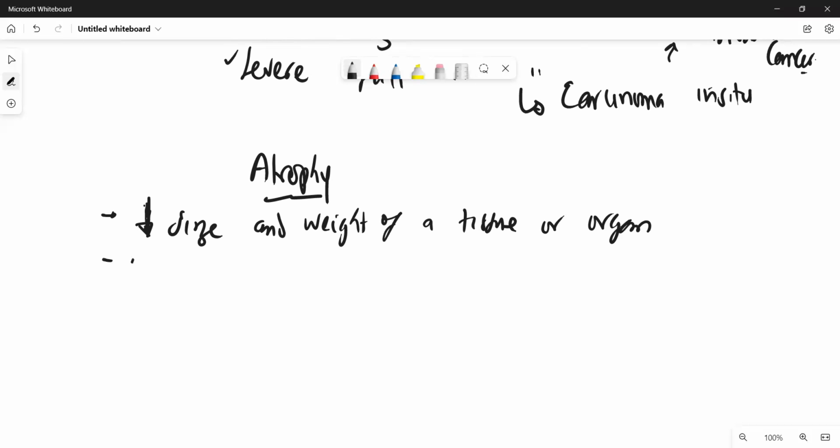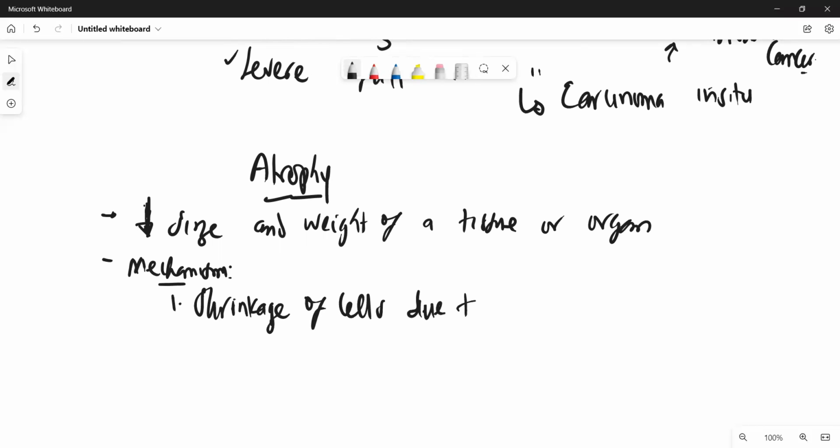And then what are the mechanisms that are involved in this atrophy? So number one is the loss of tissue, or of cells, due to increased catabolism. But when we say catabolism from biology, it means increased breakdown, right?